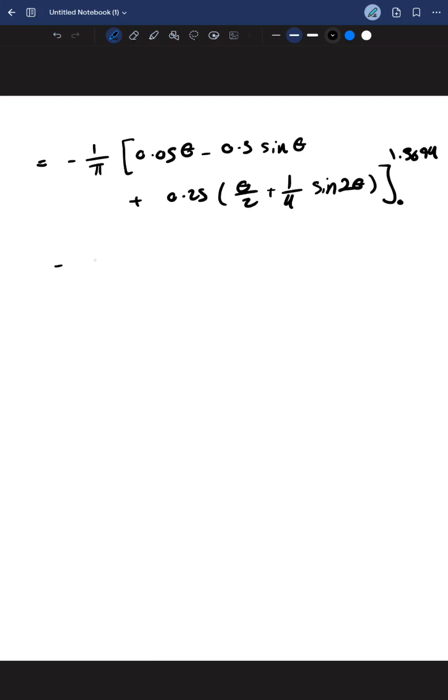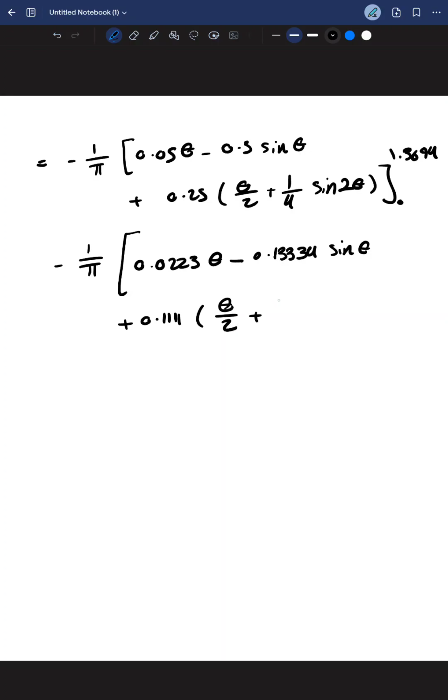plus, or I guess minus 1 over pi, the integral of the second one, which is (0.0223 theta minus 0.1334 sine of theta plus 0.111 (theta over 2 plus 1/4 sine of 2 theta)).